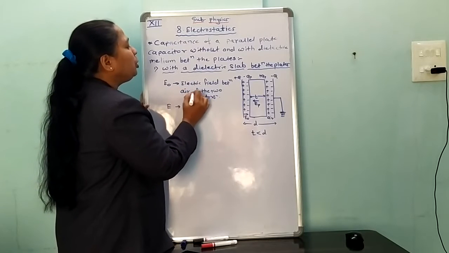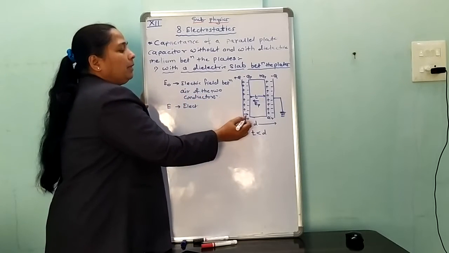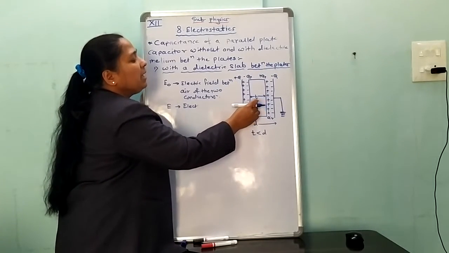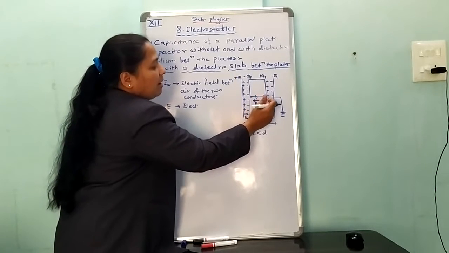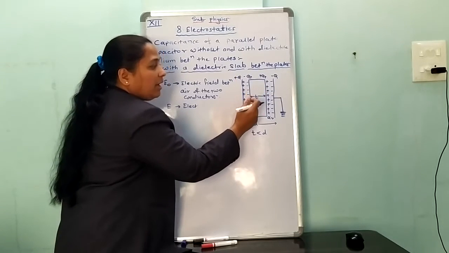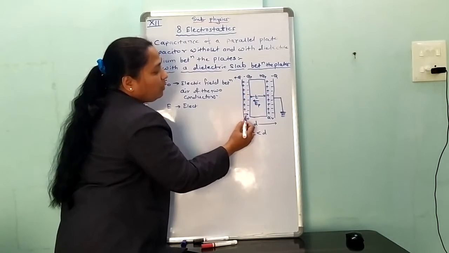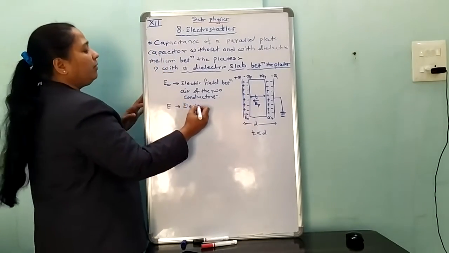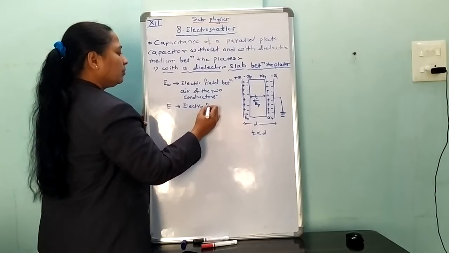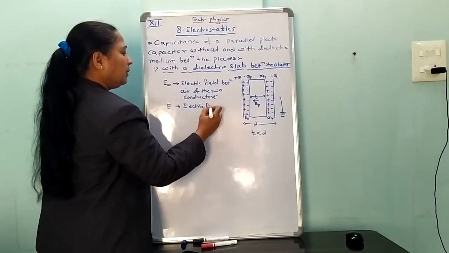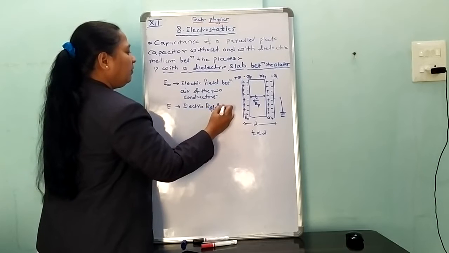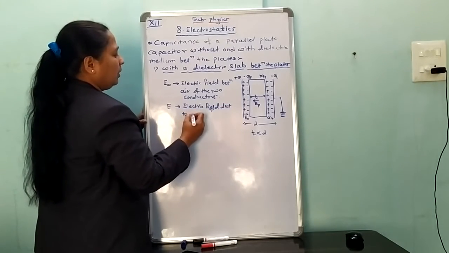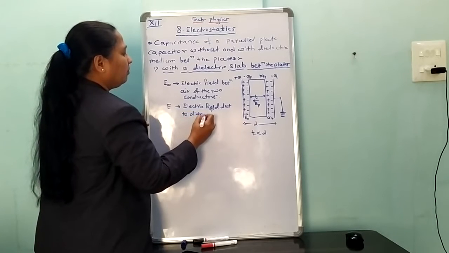E0 is the external electric field, and EP is the polarizing electric field, in the outward direction. Its direction is opposite to that of the external field E0. This is the electric field due to the dielectric medium.